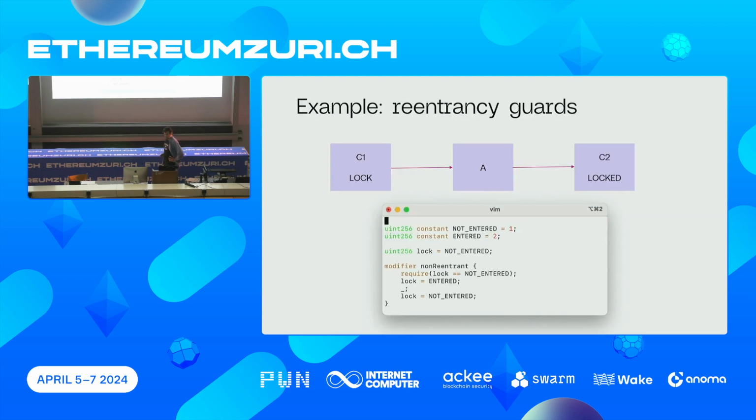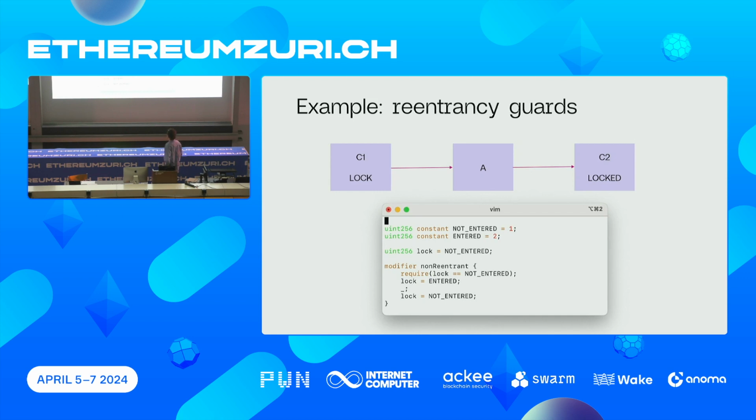One example of how we can use these transient storage opcodes is to implement reentrancy guards. In this case, the execution context messaging would be that C1 says to lock while calling out, and C2 reads the current state, which is locked. So reentrancy guards are implemented like this using traditional storage.